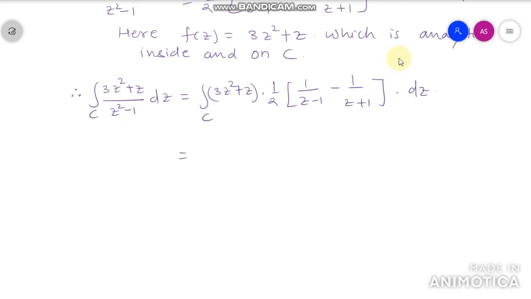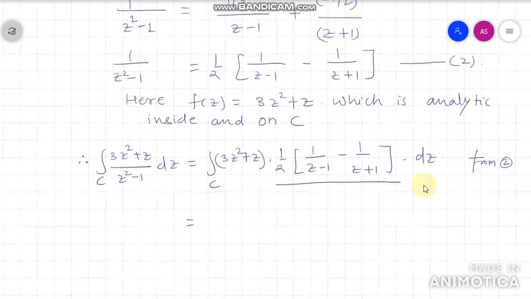This is the value of 1 upon z square minus 1 from equation 2.